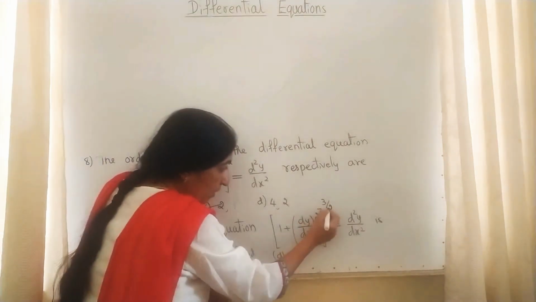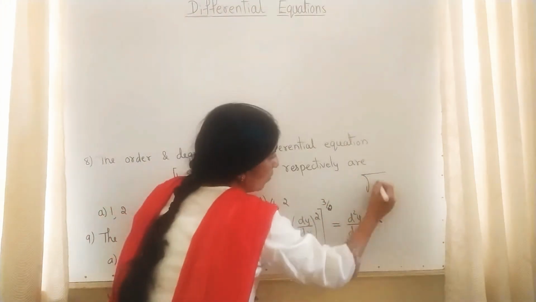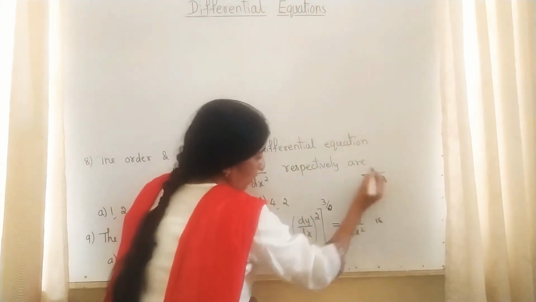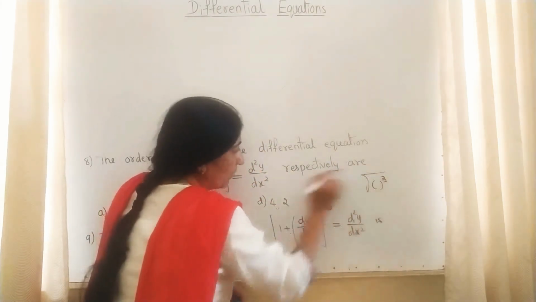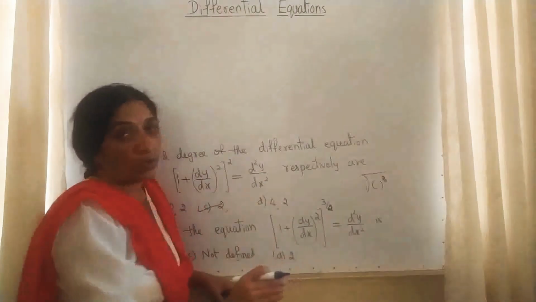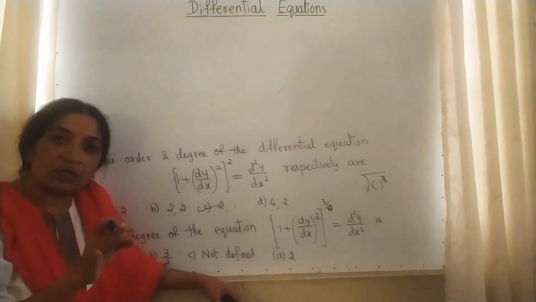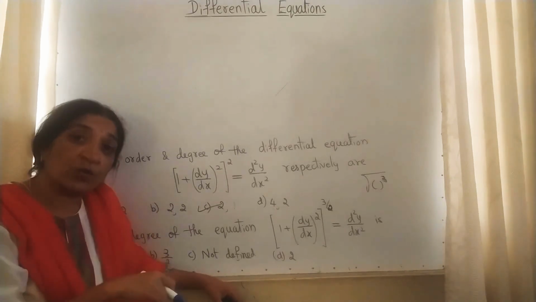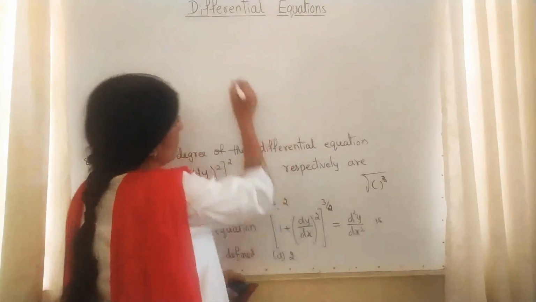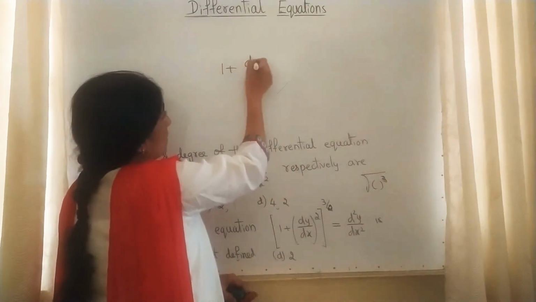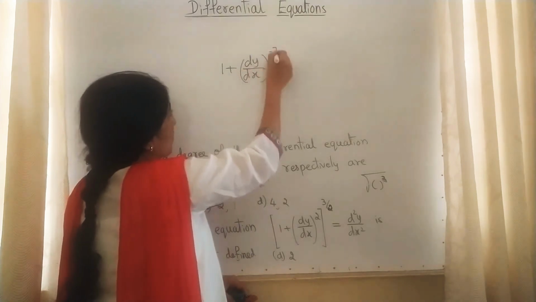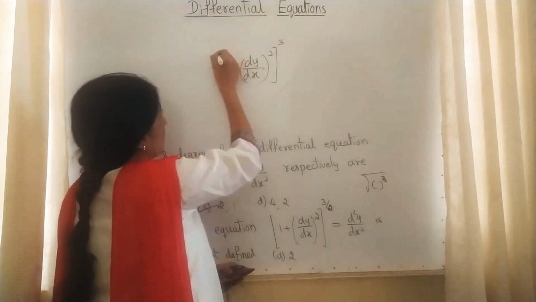The denominator 2 means it is a square root of some value, whatever value is there in the bracket, cubed. Here 2 is present, so it is a square root. How to cancel a square root? To cancel a square root, we square on both sides. When you square this, it is written as 1 upon dy upon dx whole square, power 3. The 2 gets cancelled.